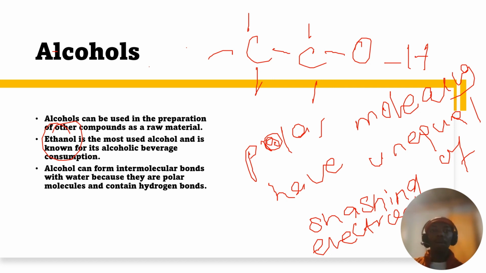Also, it says that since they are polar molecules, the electronegativity between these two atoms is not the same. Right? If the electronegativity is not the same, that means that one atom is going to need the electron much more than the other atom.